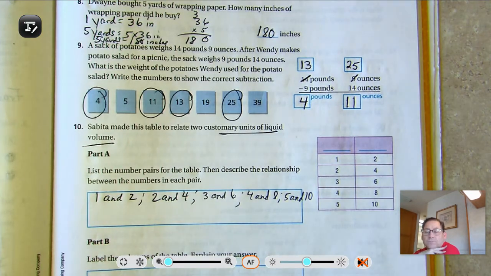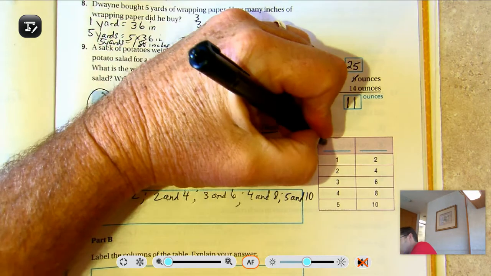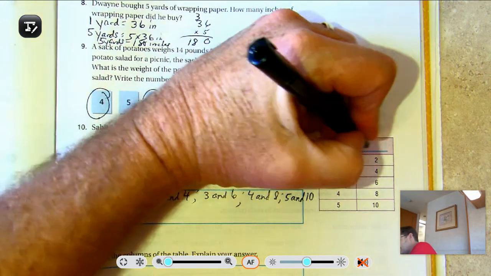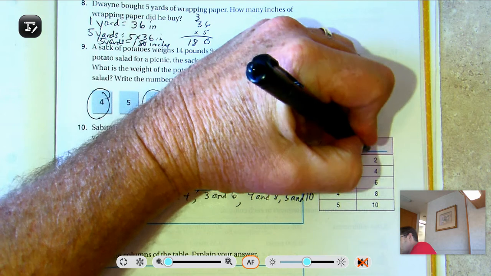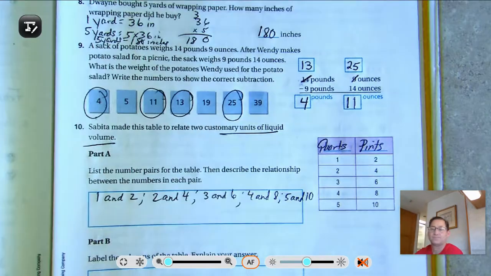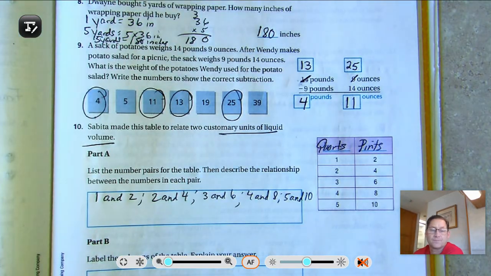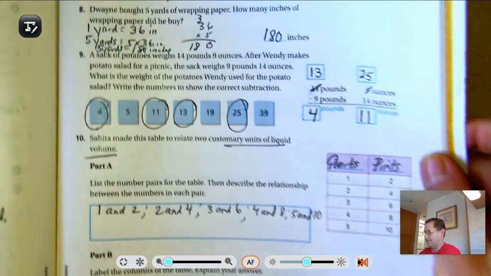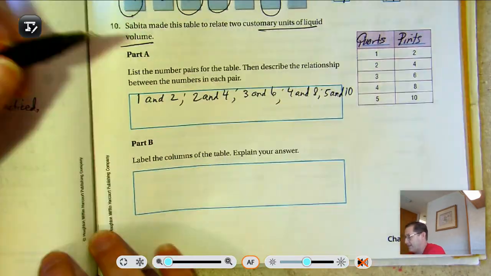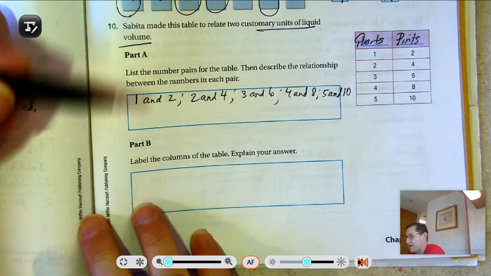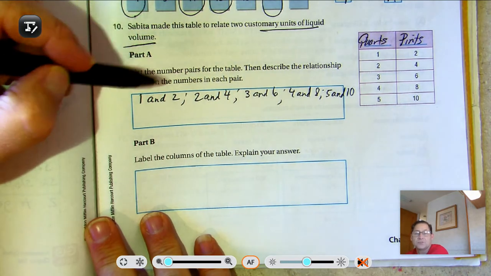All right, so liquid volume. Well, I'm going to go 1 quart is 2 pints. Quarts and pints. Label the columns of the table. Describe the relationship.